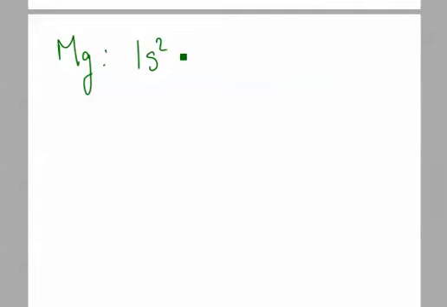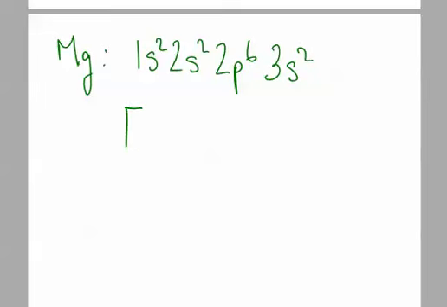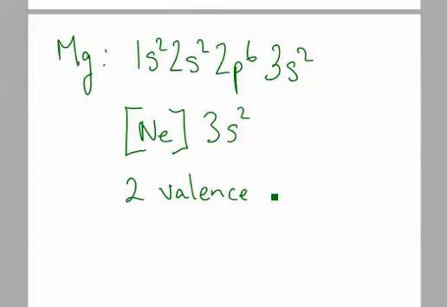Follow along on your periodic table if you can. 2s2, 2p6, again this brings us to neon, then 3s2. Okay, and so our condensed configuration would be the configuration of neon and then 3s2. And so magnesium has 2 valence electrons. These are the electrons outside of that core.